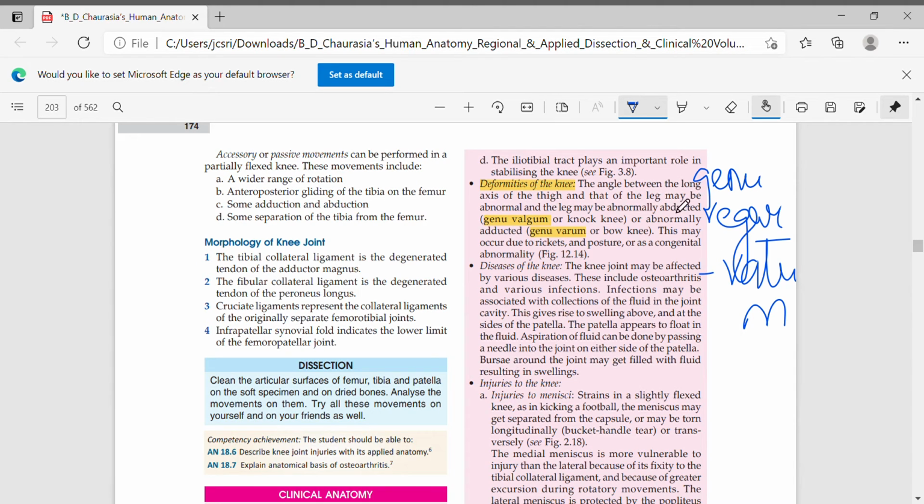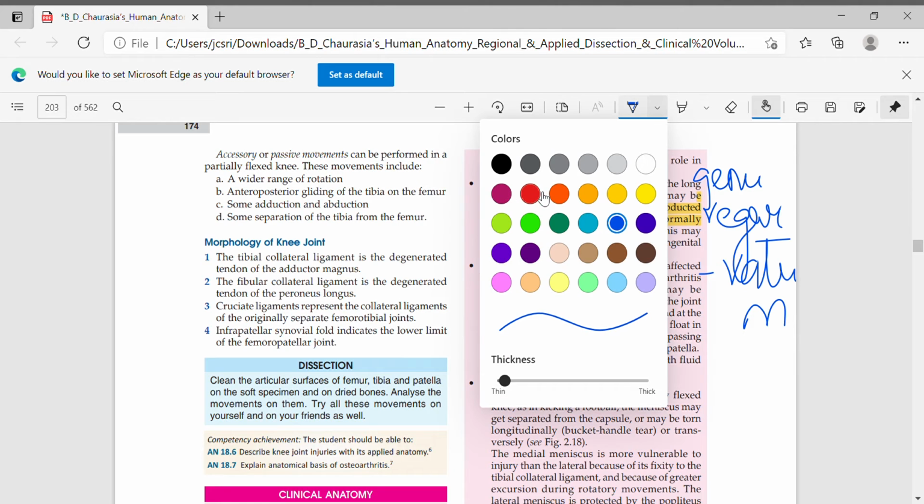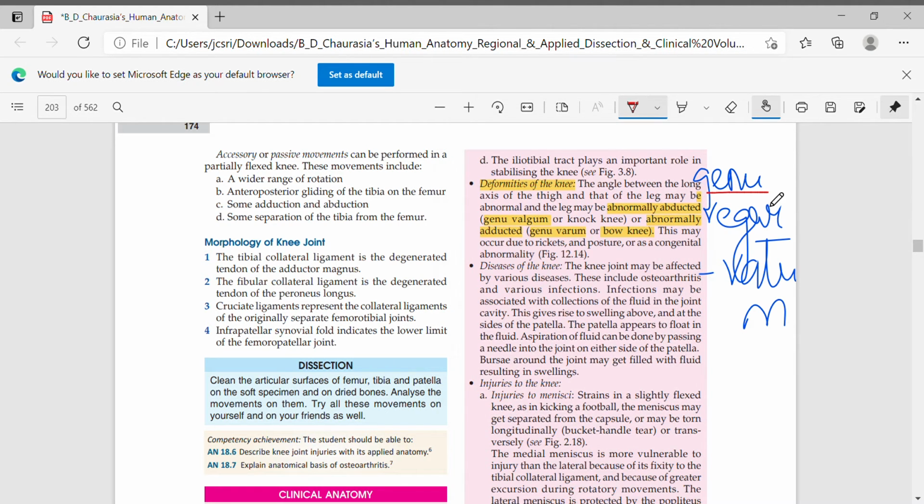Genu varum is also called bow-leg. This is due to abnormal adduction. Abnormal abduction causes valgum. Abnormal extension will cause recurvatum.